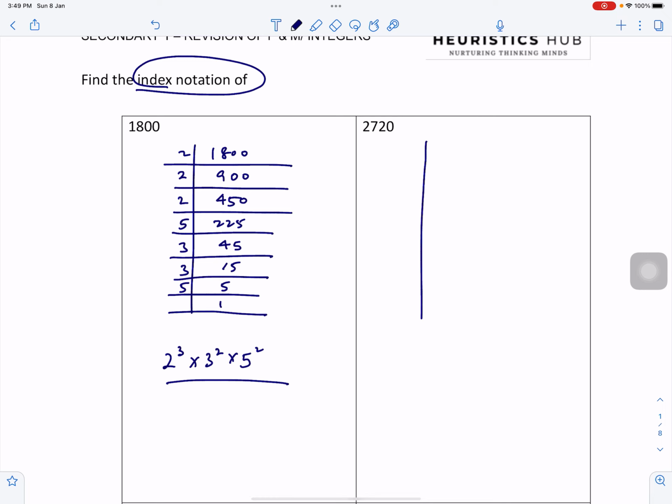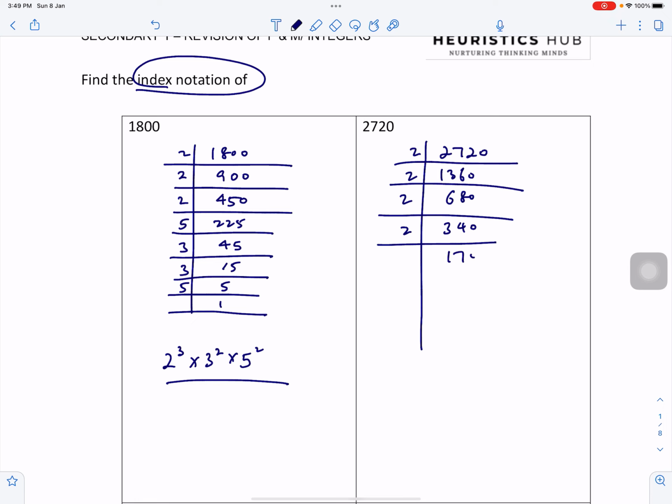Second question again, 2720. Again, you divide by 2, divide by 2 again, and divide by 2, divide by 2.